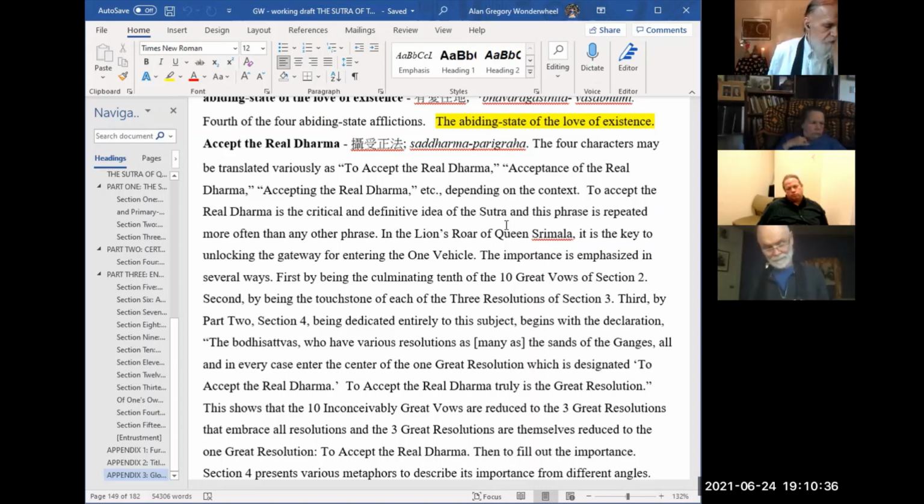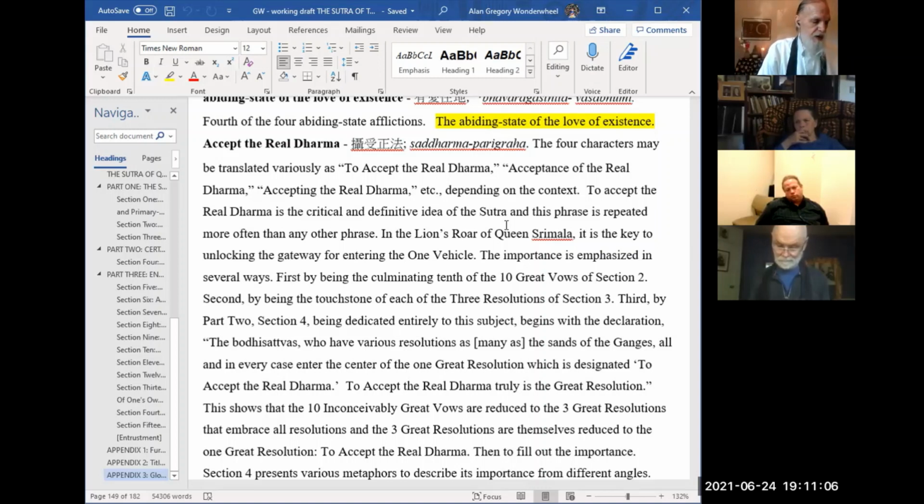The parigraha means to accept, receive. It refers to anything received or the act of receiving. It also has the connotation of comprehending, meaning to grasp or hold it all. So that's the sense where it also means to embrace, as the Waymans have it, to embrace the illustrious doctrine.